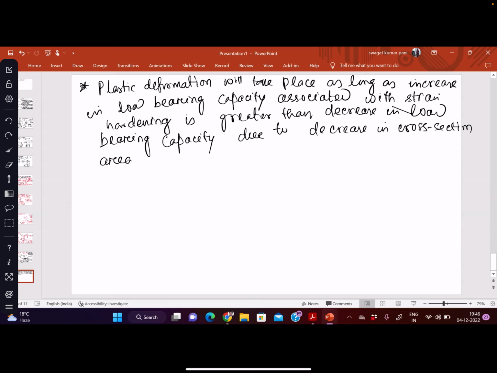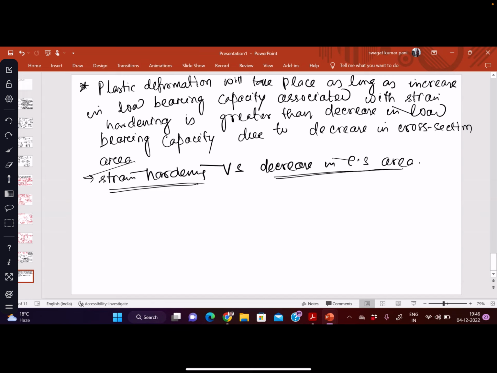So two things are competing here. One is strain hardening versus decrease in cross section area. This is what strengthens the material and increases the load bearing capacity, and this is what reduces it.